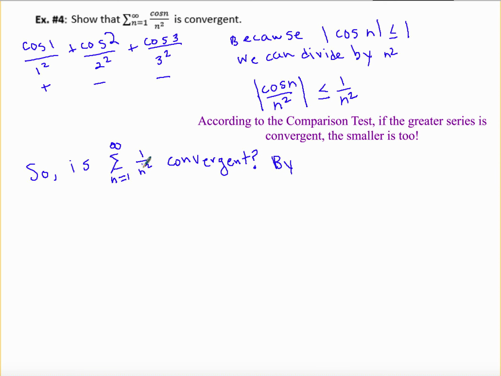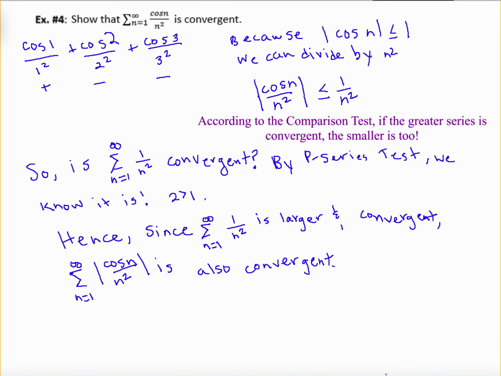With the p-series test, if my exponent here in the denominator was greater than 1, then I would have convergence. Since 2 is greater than 1 after all. Hence, since the sum to infinity of 1 over n squared is larger and convergent, then we know that the absolute value of the cosine of n divided by n squared also has to be convergent.